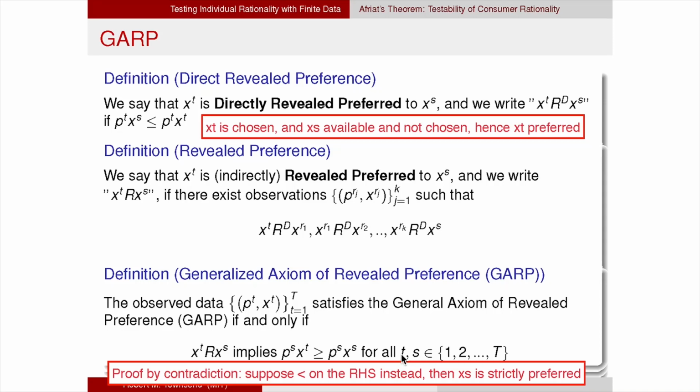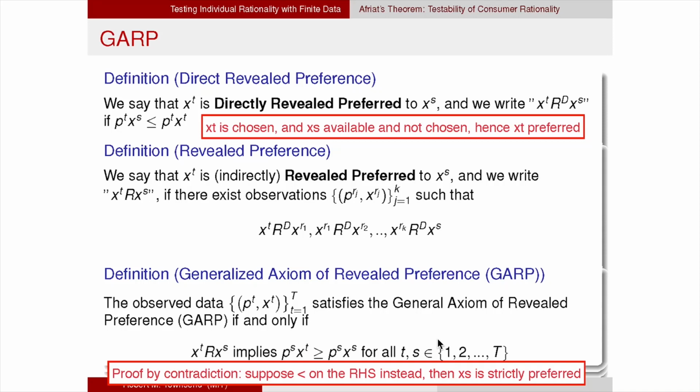Because if it doesn't go in this direction, then it contradicts the whole notion of revealed preference and transitivity. So again, good news, ironically: we are potentially able to reject. There are comparisons in the data which, if this inequality goes the other way, would tell us there's no way that this data came from a rational maximizing consumer. And that's good for us.